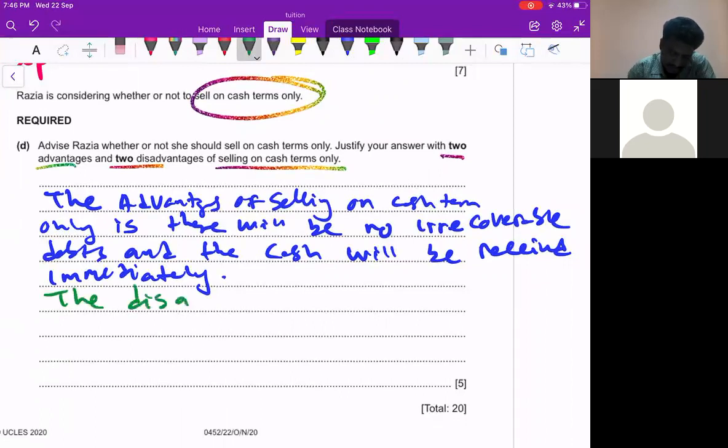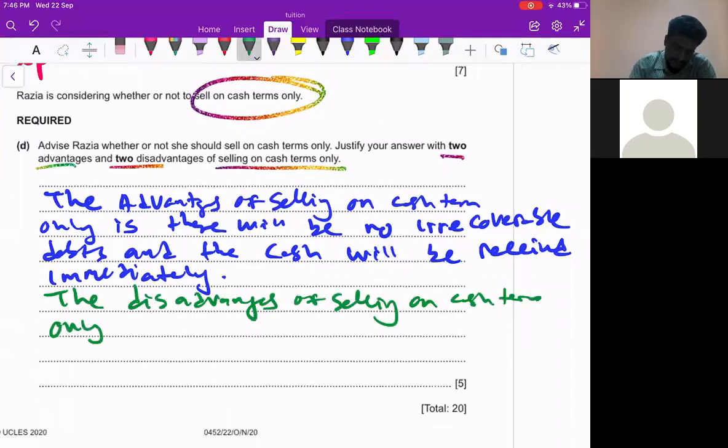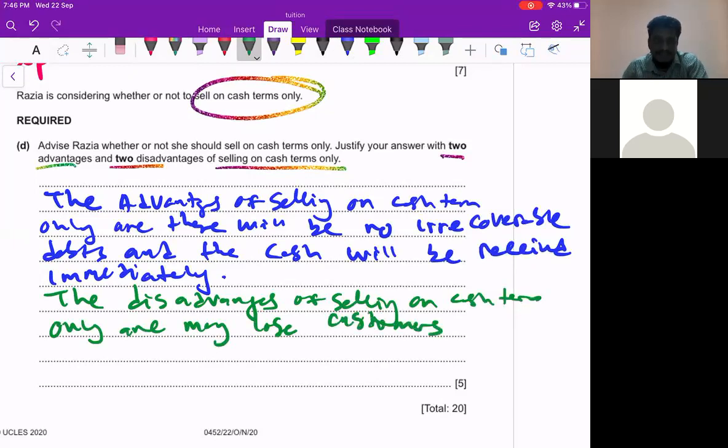The disadvantages of selling on cash term only: maybe the customer prefers to buy on credit. So you may lose the customers, which prefer credit sales.